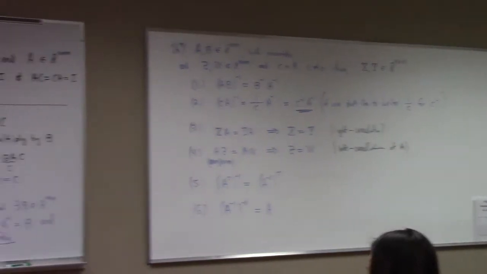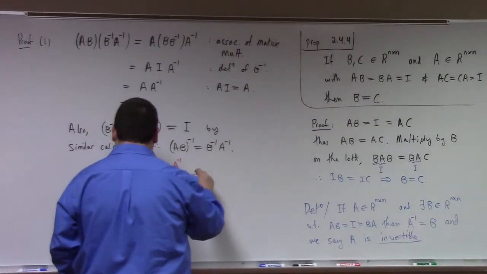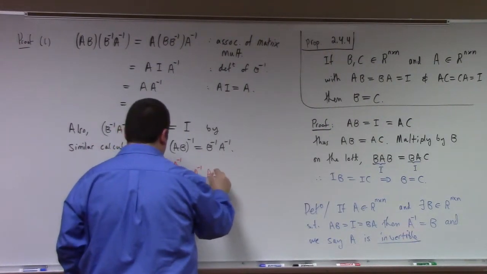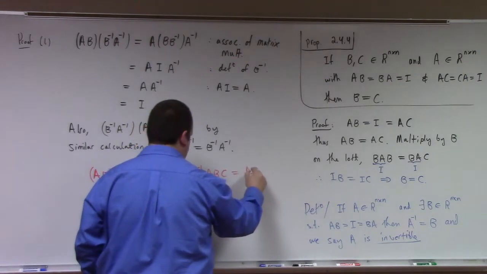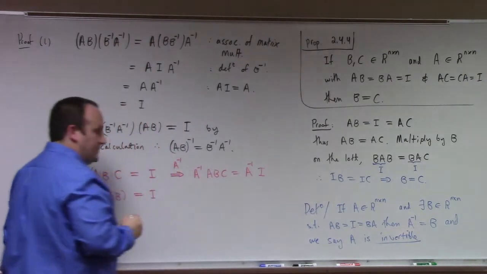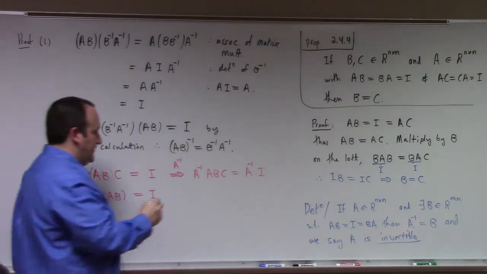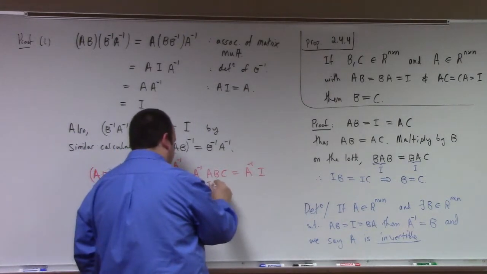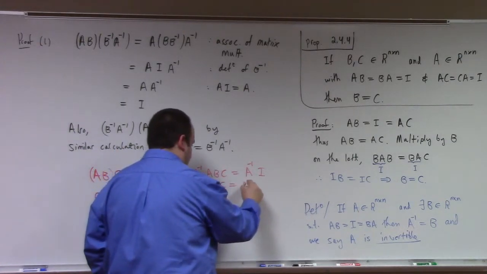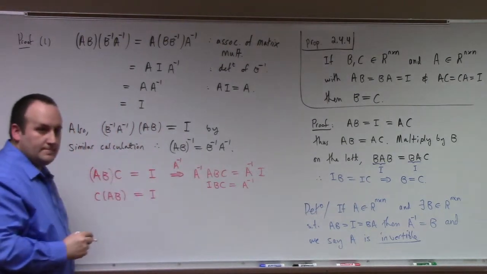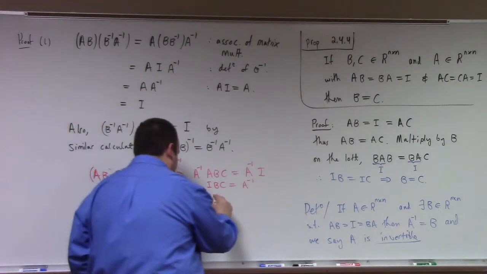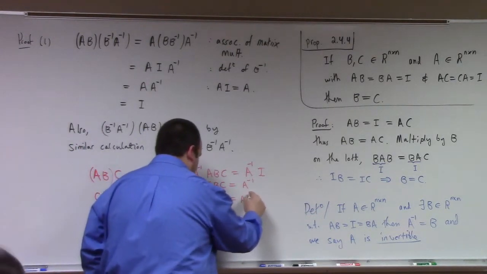If you multiply by A inverse on the left, we get A inverse ABC is equal to A inverse times I, right? Which gives us what? That gives us IBC is equal to A inverse. So in other words, BC is equal to A inverse.